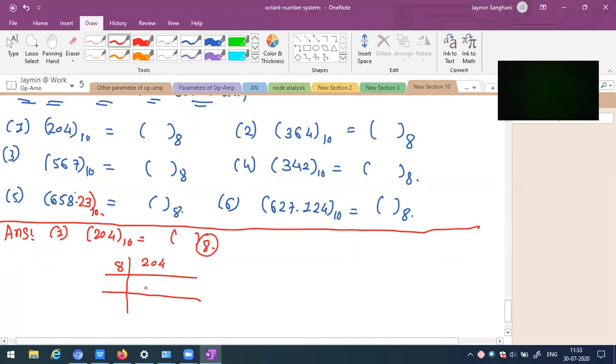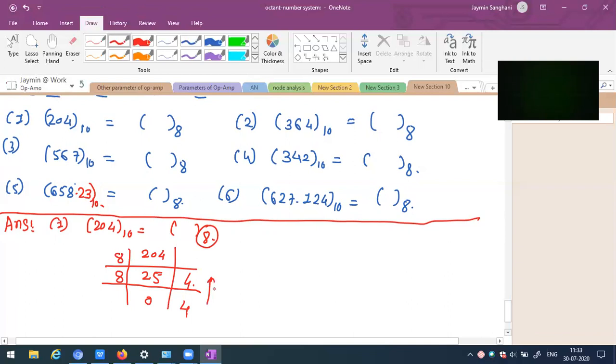See this: 8 2s are 16, remainder is 4; 8 5s are 40, remainder is 4. So what is the entire remainder? And 8 divided into 4 is not possible. So here it is converted into octal.